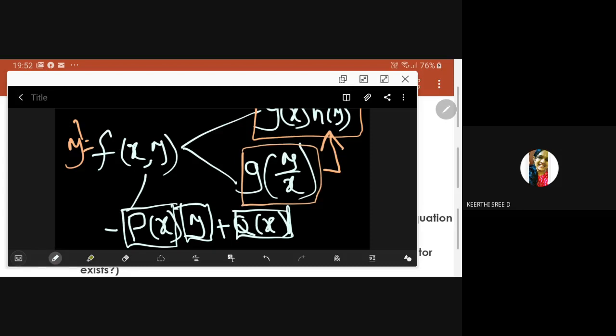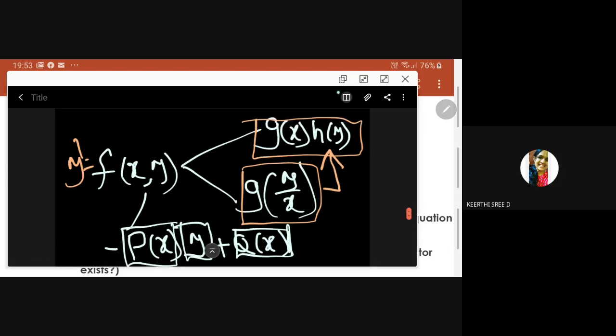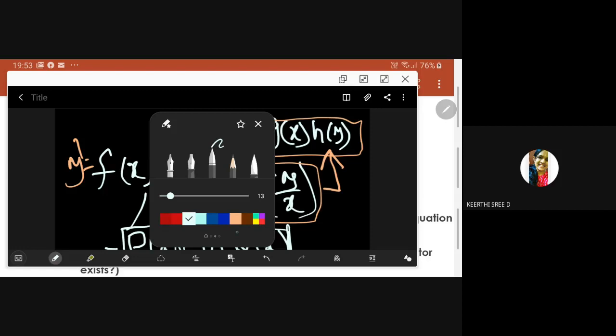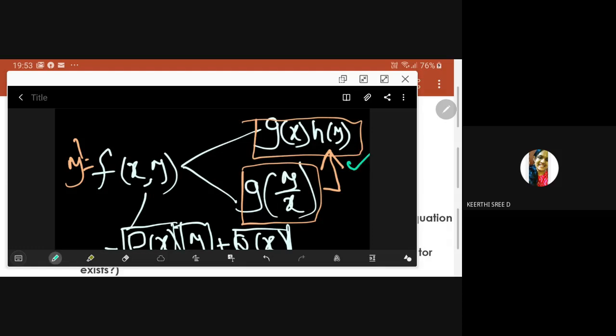So this is called a linear equation. Leibniz equation we call it. Leibniz equation. So see, first this is one step. What is our first step? Our first step is this separable equation.